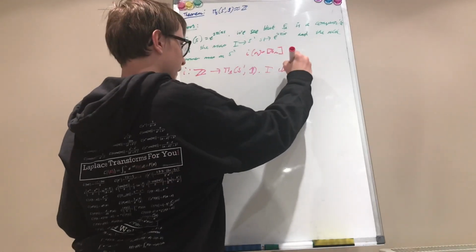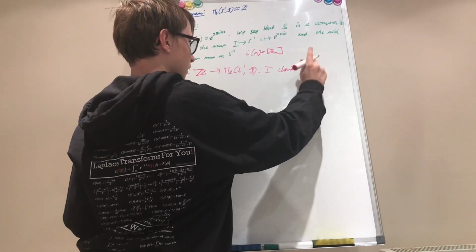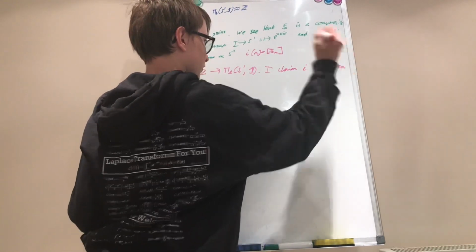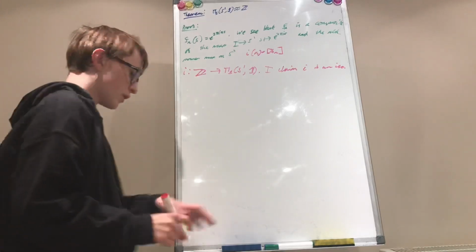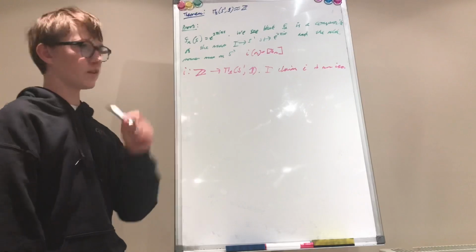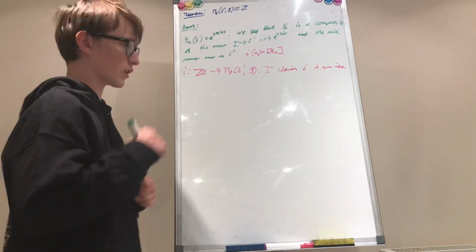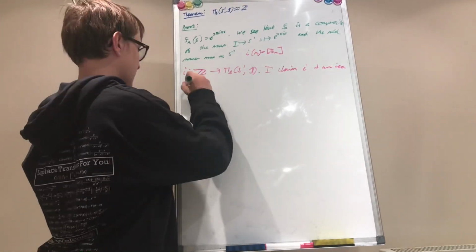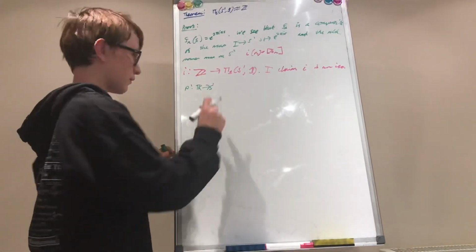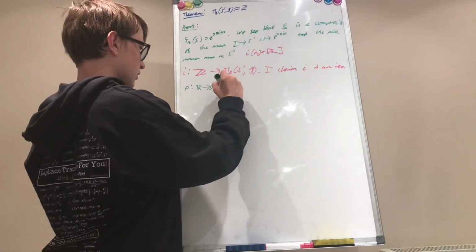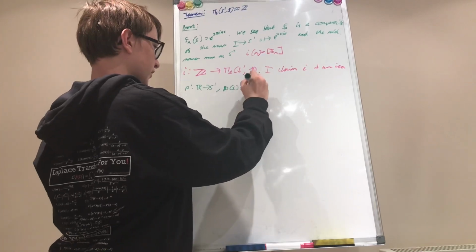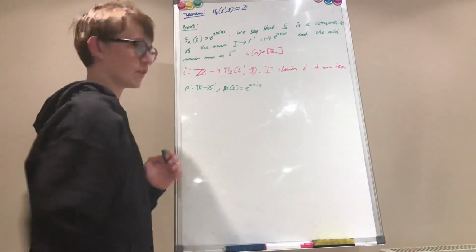But this is the main part of the theorem, proving that this is an isomorphism. So I'm just going to write that I claim phi is an isomorphism. So how do we do this? Well, the trick is to see that locally the circle looks like the real line. So we define p, which takes you from the real line into the 1-sphere, or the circle, defined as p of s equals e to the 2 pi i s.